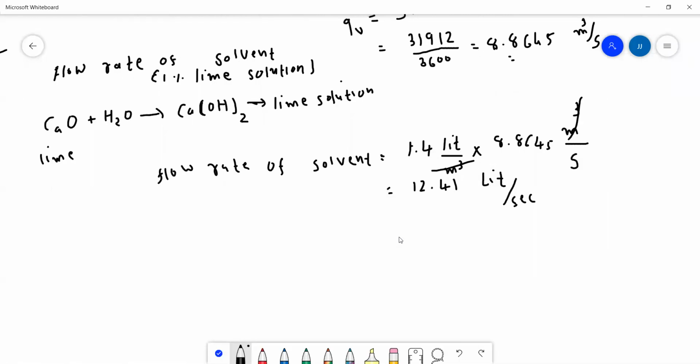So solvent flow rate is 12.41 liter per second. We'll also convert it into meter cube per hour.